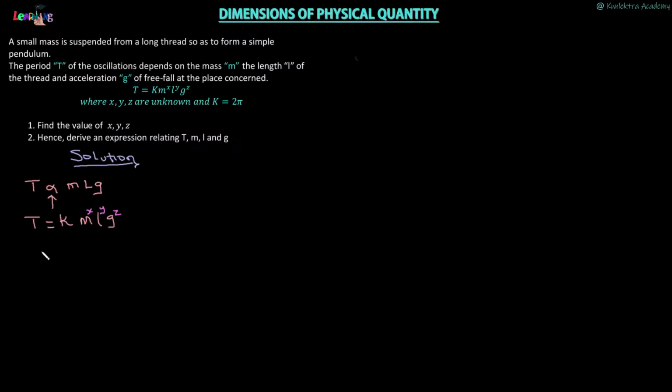Using dimension analysis, we have T is equal to k m raised to power x, L raised to power y, and g raised to power z. Now, at an ideal condition, our k is equal to 1.